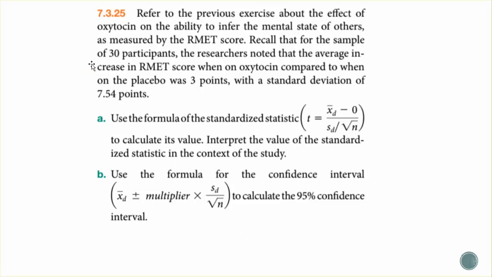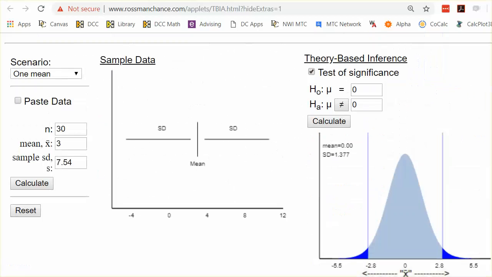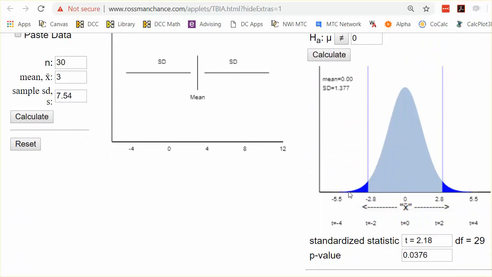So how would you compute the t-statistic and the confidence interval by hand if you didn't have the applet? Well, they gave us the sample mean, the sample standard deviation, and the sample size, so we can compute the t-statistic by hand. Remember the standard deviation of the null distribution. When we do a theory-based test, the question is how wide is this?